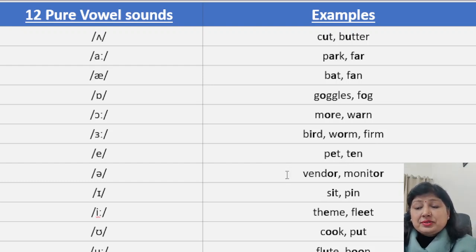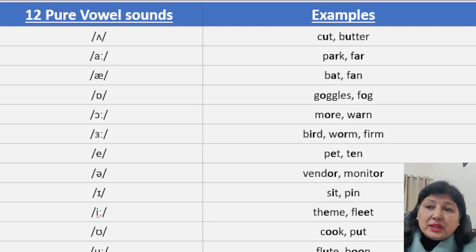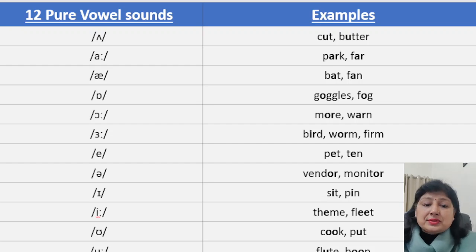The next sounds are in vendor, monitor, sit, pin, theme, fleet, cook, put, flute, boon. So in this slide you can see the symbols that are used to represent these sounds and the examples where we use these sounds.